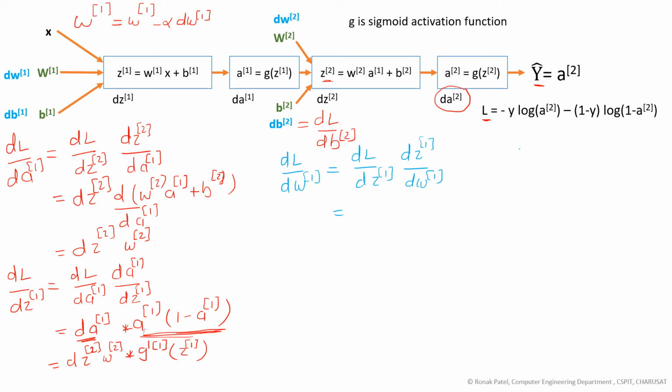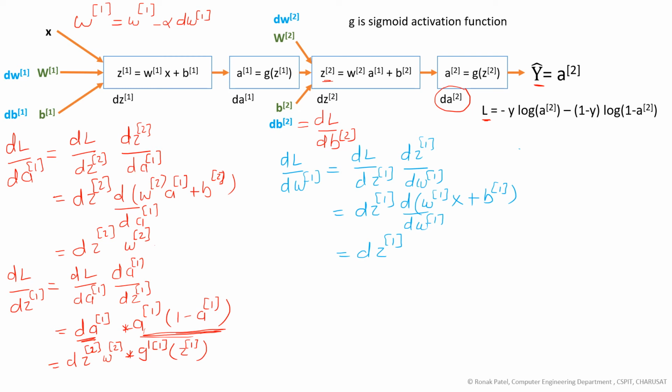And we have just performed the calculation of dZ1, so I can directly write dZ1. Now dZ1 upon dW1. What is Z1? Z1 is W1 X plus B1, right? So this will be dZ1. Now see the derivative of W1 X. We need to find it with respect to the variable W1.